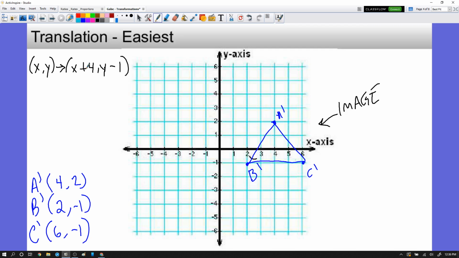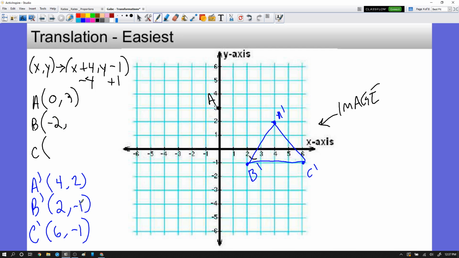Well, you just take the opposite. You're working backwards. So it would be -4 and +1. And this will get us back to our original coordinates. Watch. So 4 minus 4 is 0. 2 plus 1 is 3. Okay, so 0, 3. That should be A. 2 minus 4 is -2.